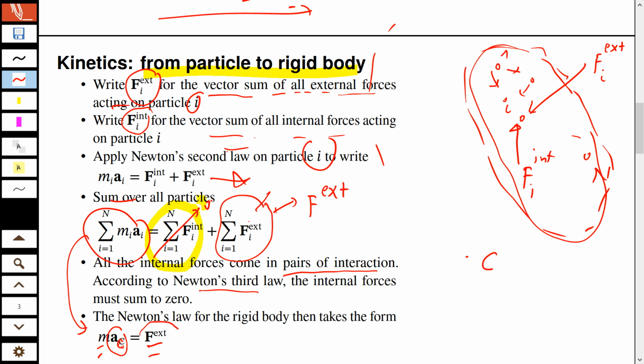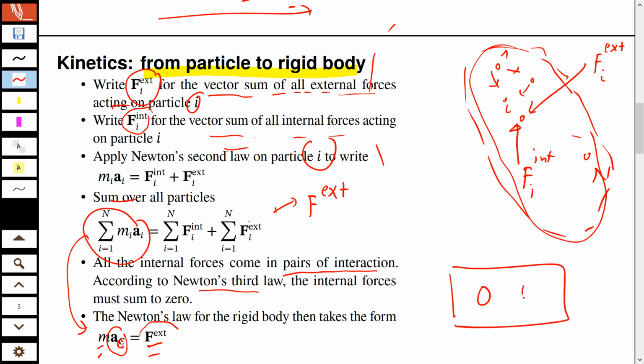So this cancellation will not happen if, for example, this was our system. Remember in my last lecture, I gave you those two scenarios: if I have two particles inside a system, these forces will cancel out.